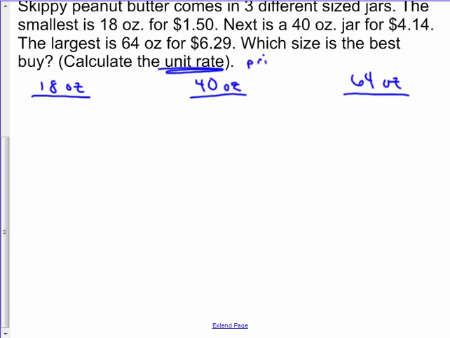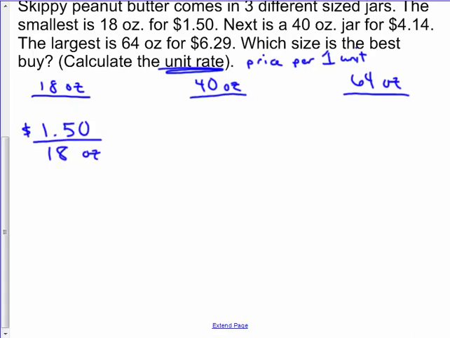So if I want to figure out price per ounce, per means divide here. I'm going to do price over amount. So in the first one, the 18 ounce, it's $1.50 over 18 ounces.